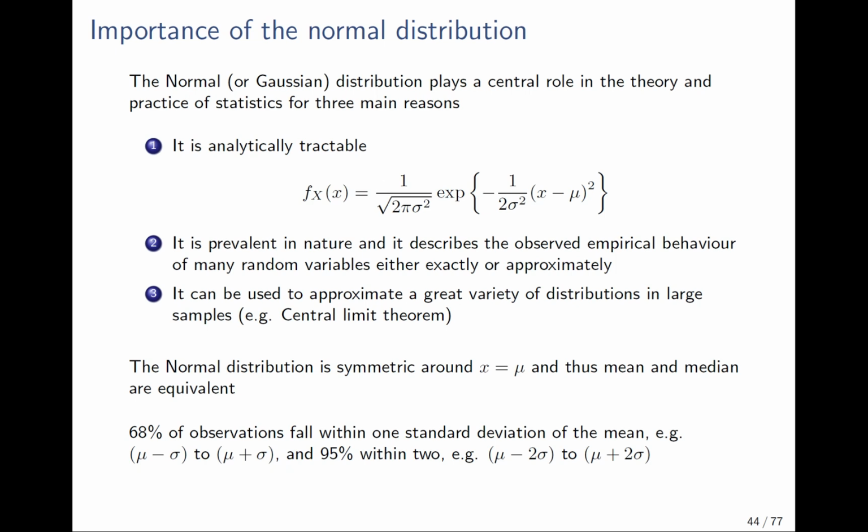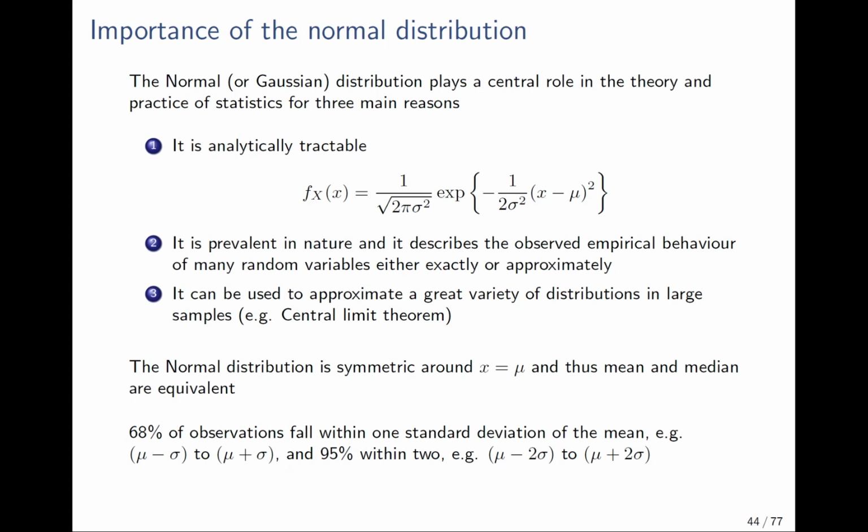It describes the observed empirical behaviour of many types of experiment, many processes, many random variables, either exactly or approximately. And it can be used to approximate a great variety of distributions in large samples. This is known as the central limit theorem, a very important theorem in probability and statistics, and we'll talk about it later in the course.